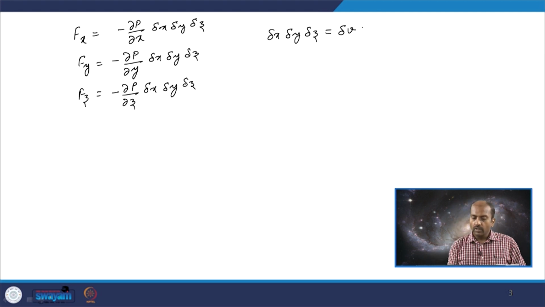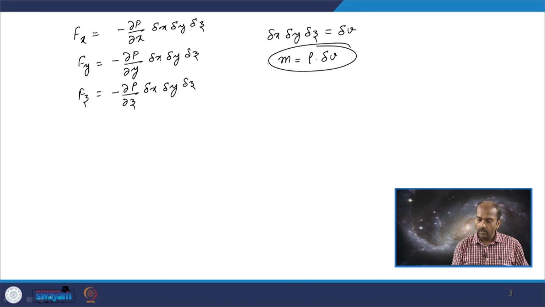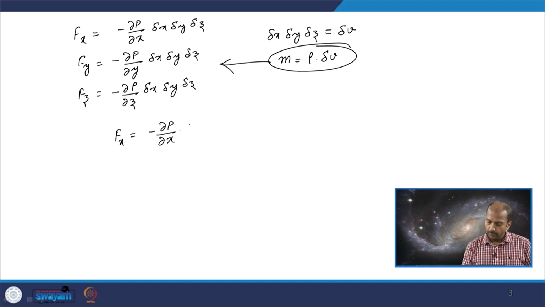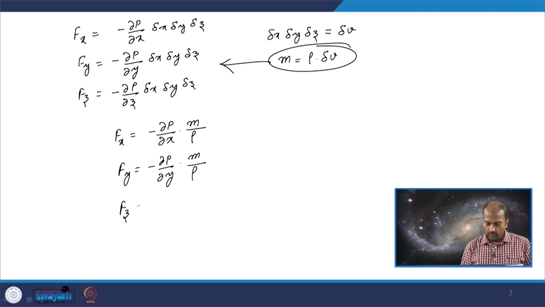We can write the mass of this air parcel as density times the volume. Using this, Fx is minus ∂p/∂x times m/ρ, Fy is minus ∂p/∂y times m/ρ, and Fz is minus ∂p/∂z times m/ρ.